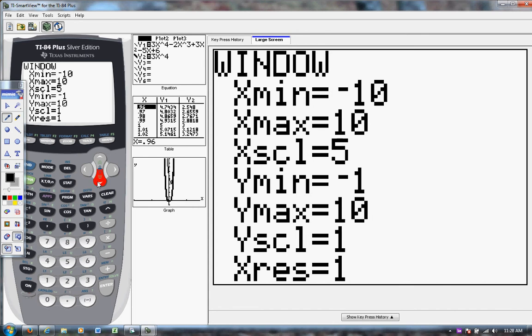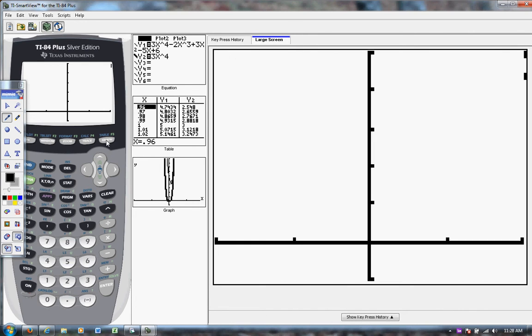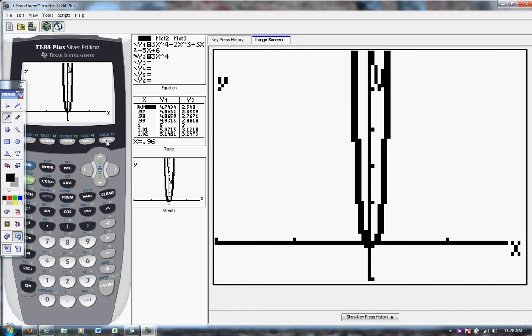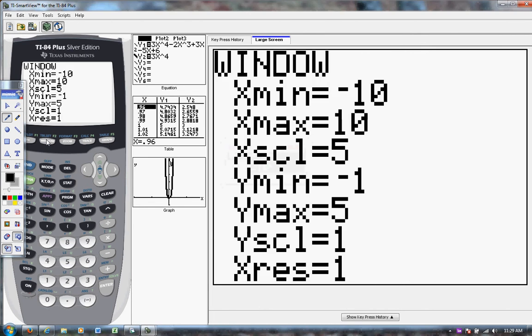Let's make my y maximum just 5. That's going to help a little bit. You're still going by 5. Okay, I looked up in my notes and found a better window here. Let's go -20 to 20.